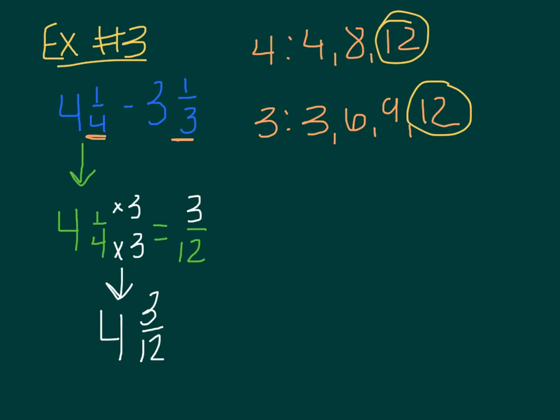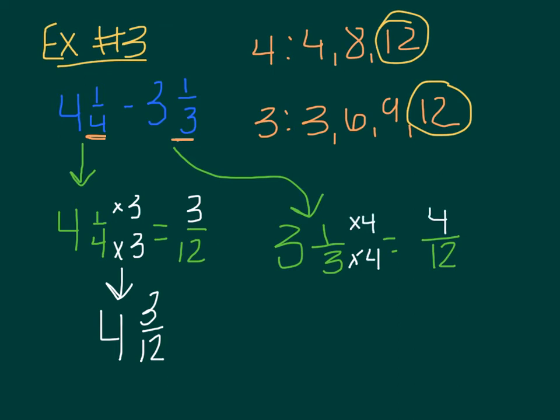Now I do the second mixed number, 3 1/3. I have to get that as 12 on the denominator. I know 3 times 4 is 12. So 1 times 4 is 4. So that becomes 3 and 4/12.